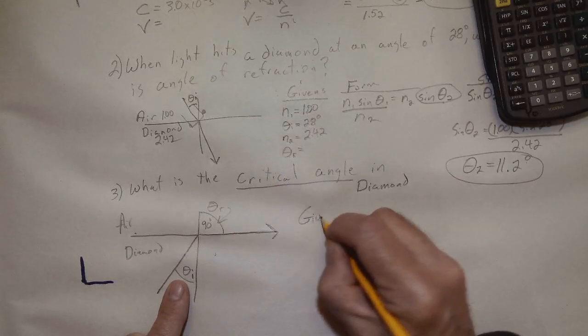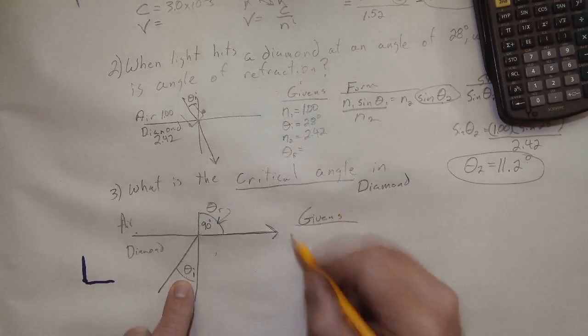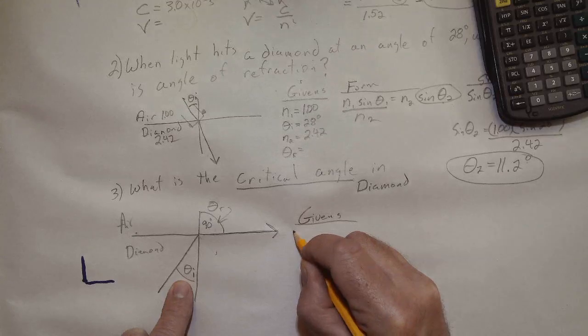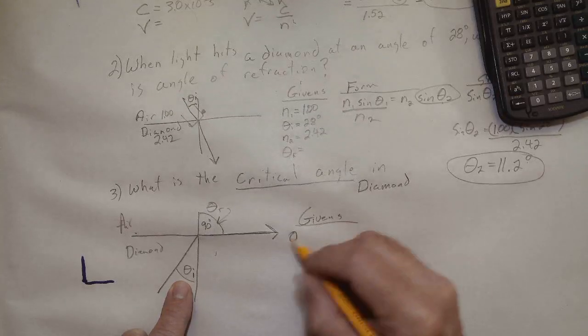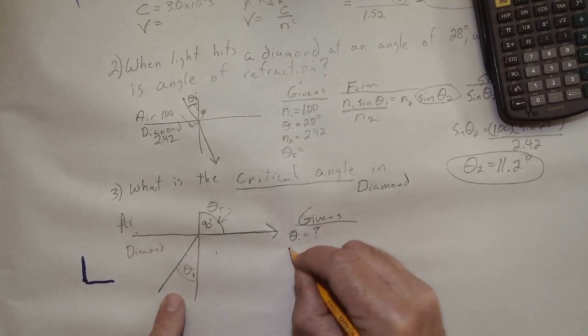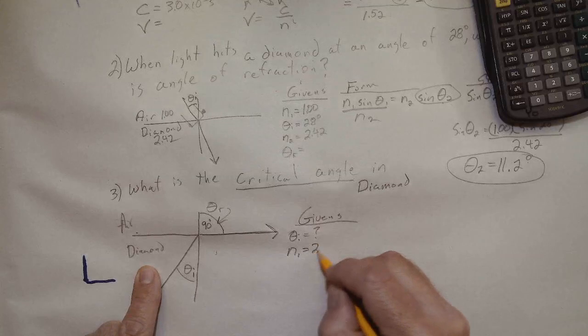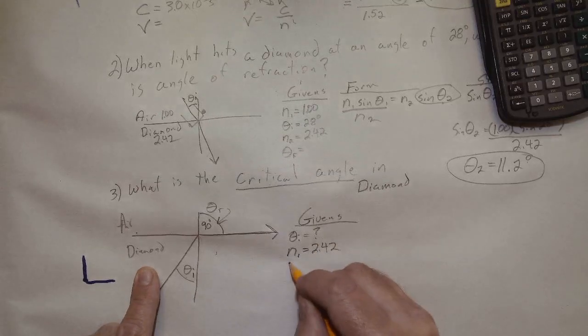Well, let's see what the givens are. Okay, we have our angle of incidence is the unknown. So theta I is what we are missing. N1, the incident medium, equals 2.42.